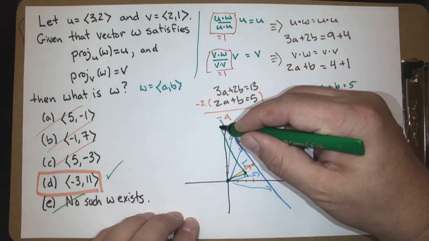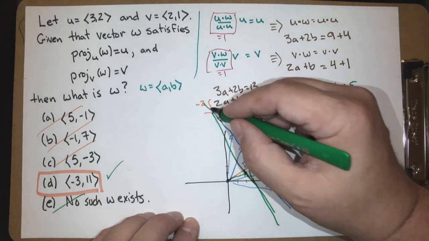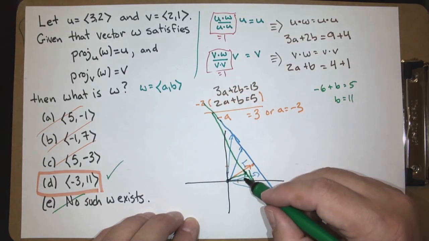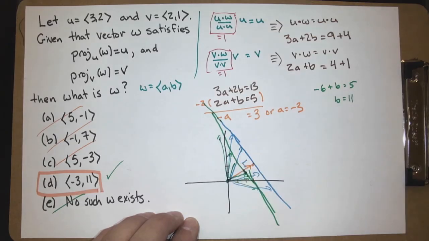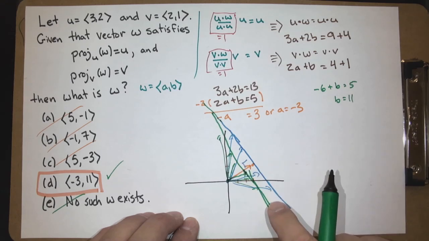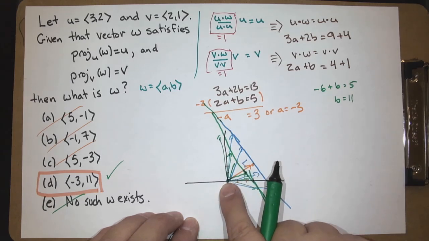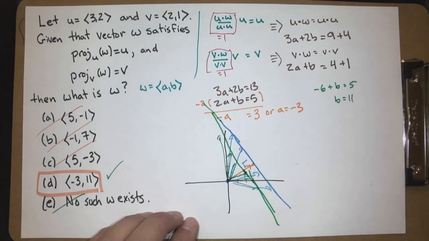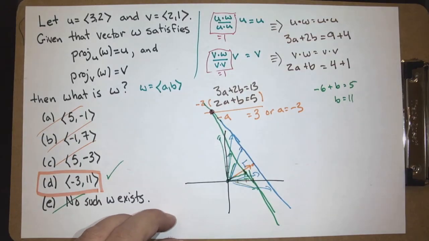And if you do that, you get something like this. So again, any vector that goes to somewhere on that line will project and get back to where you started. So your vector has to start from the origin and go to the green line, and has to start from the origin and go to the blue line. So what are you looking for? The intersection, which is at -3, 11.